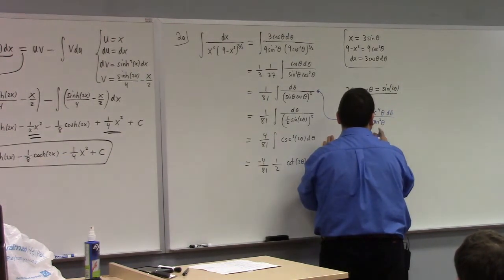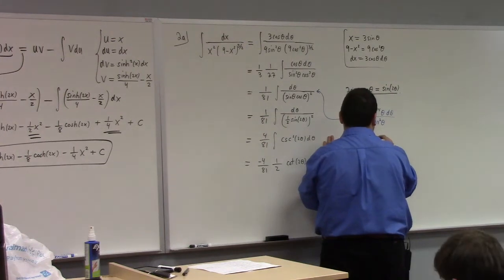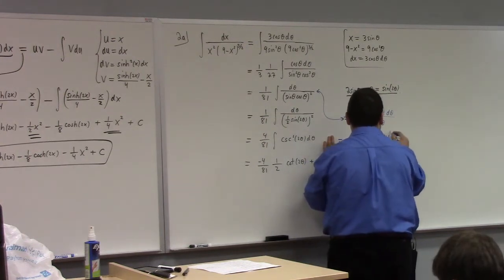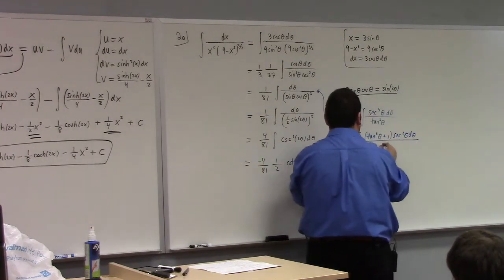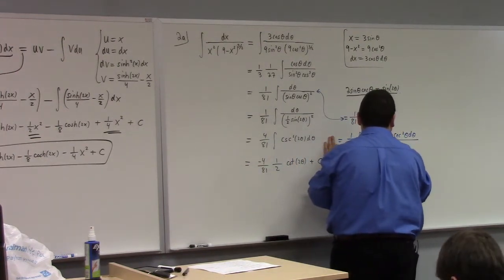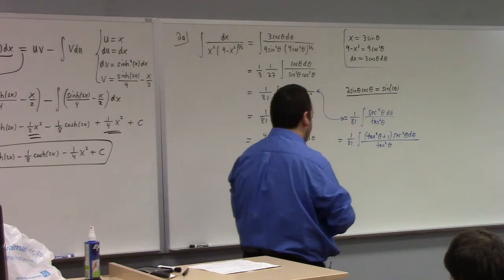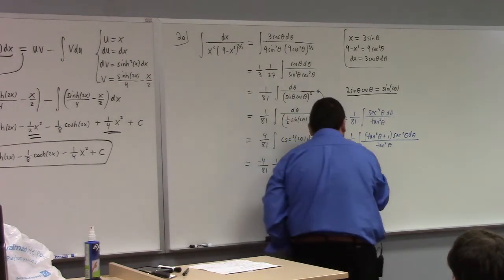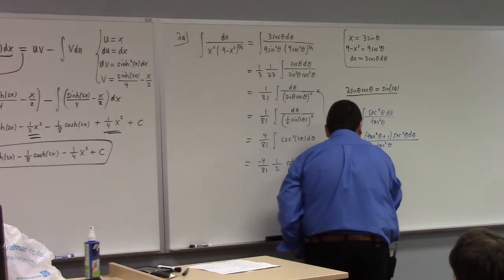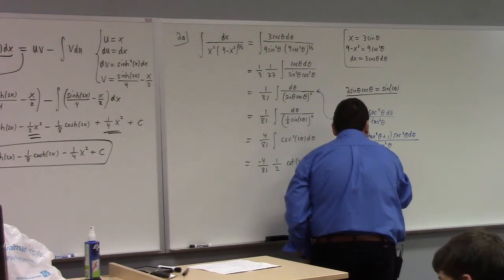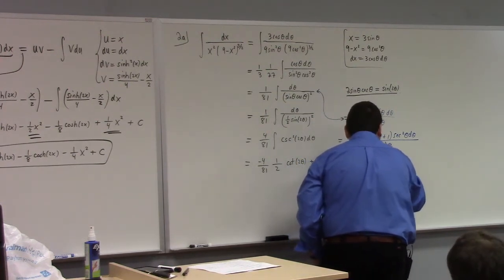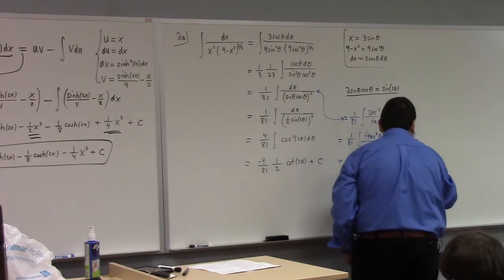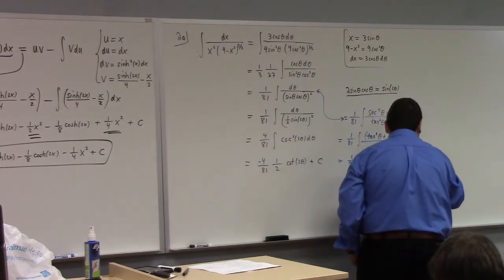That's tangent squared theta plus 1, secant squared theta d theta, divided by tangent squared theta. The reason to do that is to make a u substitution of tangent theta. So we got (u squared plus 1) over u squared du, making u equal to tangent theta. So du is secant squared theta d theta.